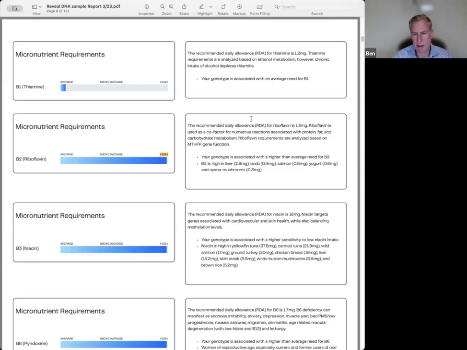So the daily recommended allowance is 1.3 milligrams. We know it's a cofactor vitamin used in numerous reactions associated with protein, fat, and carbohydrate metabolism. Therefore, this person needs to get much more B2 in their diet than the average person. So here are some high sources: liver, lamb, salmon, yogurt, mushrooms.